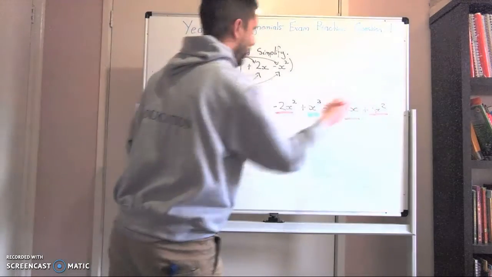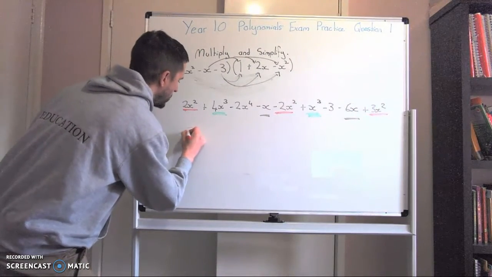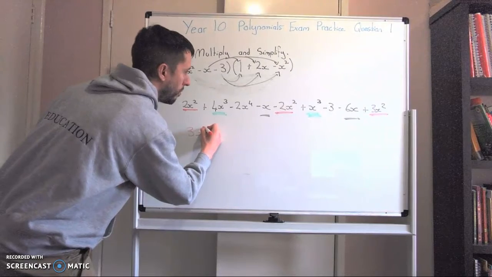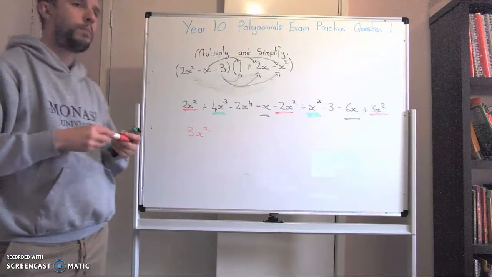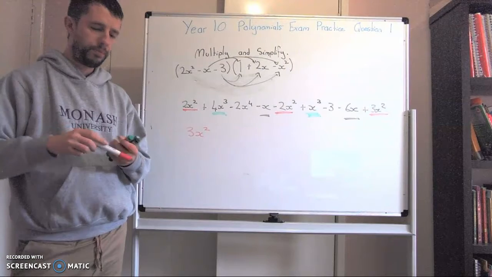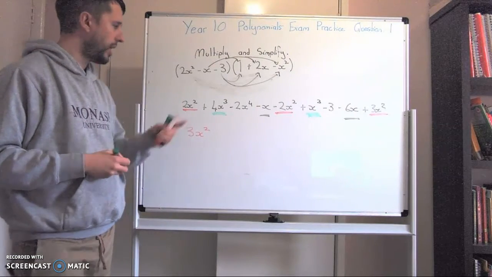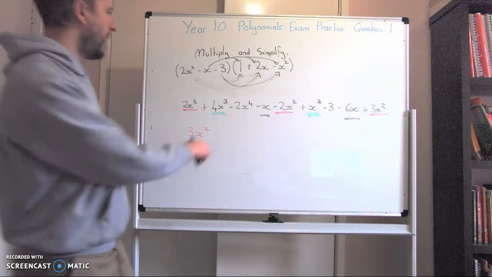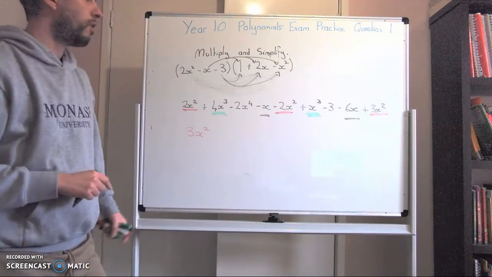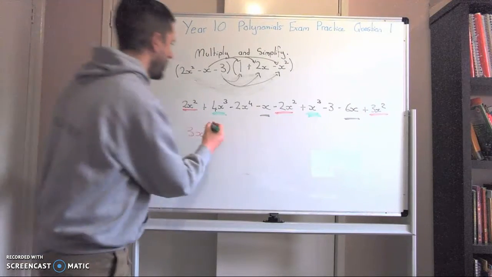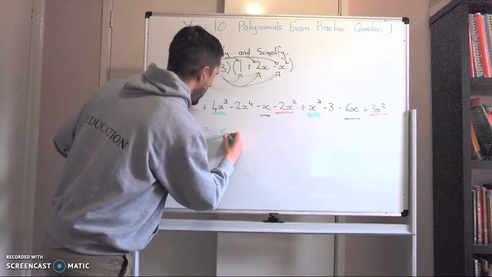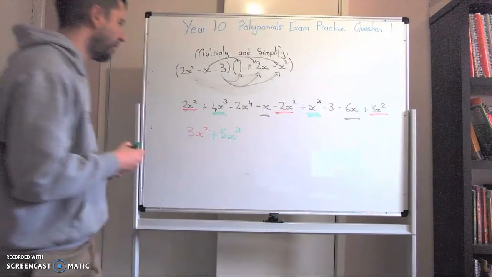But then I've got 3x, so 3 groups. That leaves me with 3x to the power of 2. Likewise, I'll look at my green. I've got 4x to the power of 3, and I'm adding one more x to the power of 3. That gives me 5x to the power of 3.